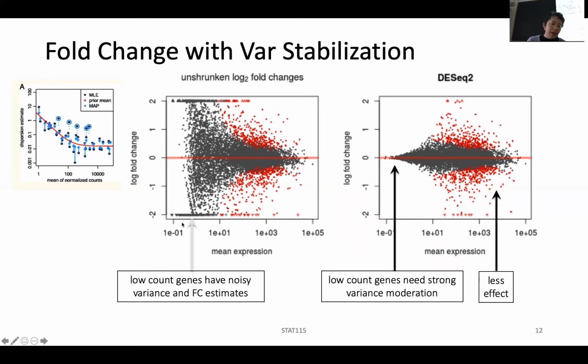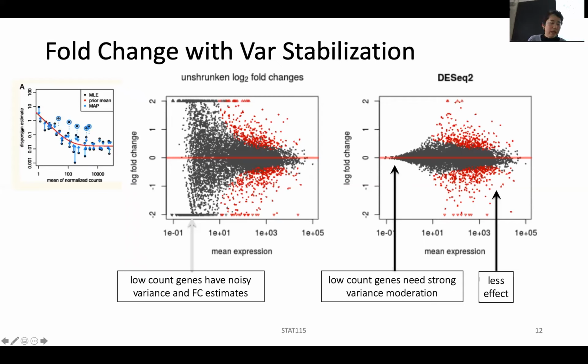You see that there are a lot of genes called as differentially expressed with huge fold change. This is just because when the numbers are small, you can easily get a big fold change, right? But you are not that confident about those genes, and it's better not to call them.